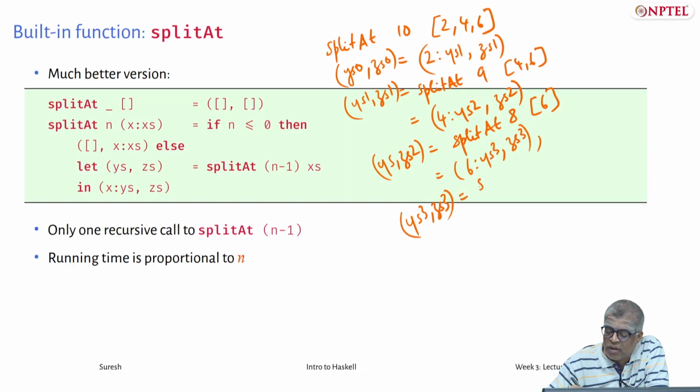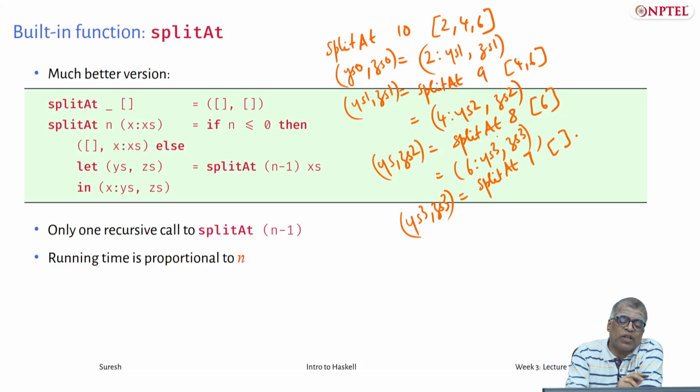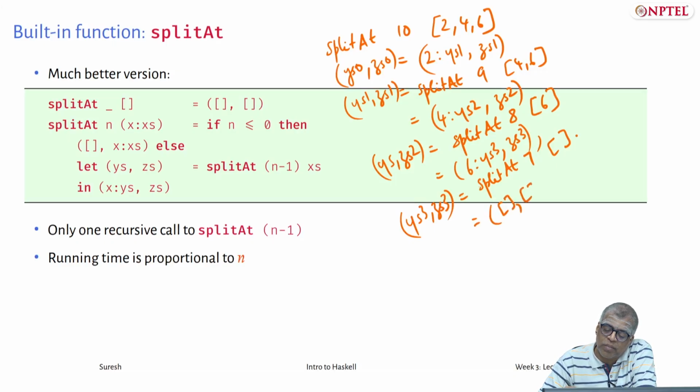is nothing but split at 7 of the empty list. But at this point we know that split at anything of the empty list is just empty list, empty list. So ys3 is the empty list, zs3 is also the empty list.